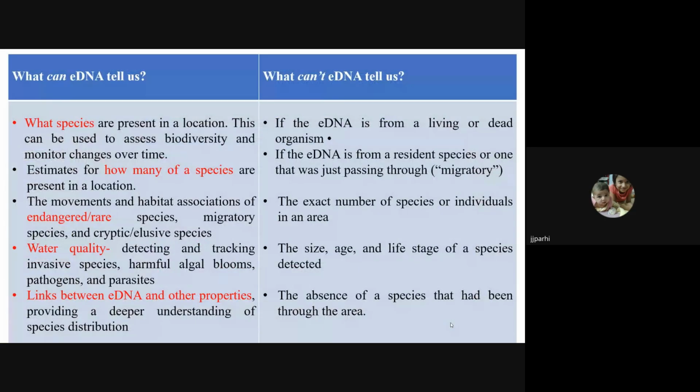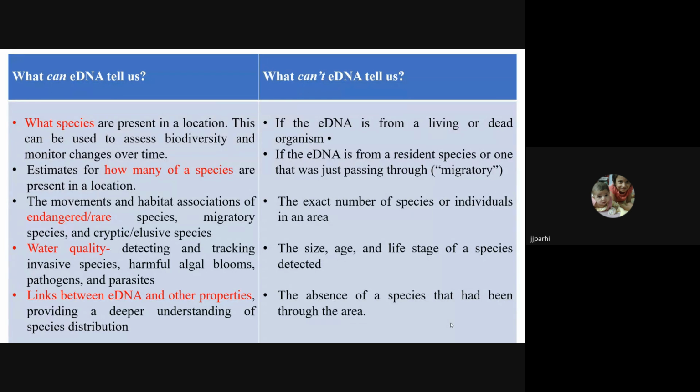So now coming to what can the eDNA tell us? The eDNA can tell us what species are present in a particular location, which can be used to assess the biodiversity and monitor species changes over time.